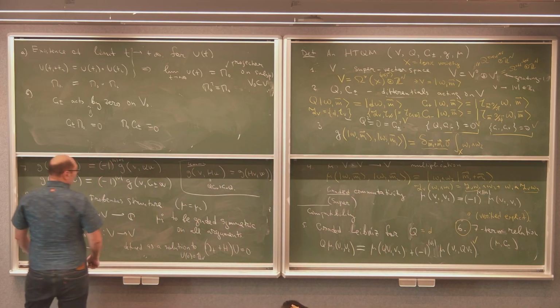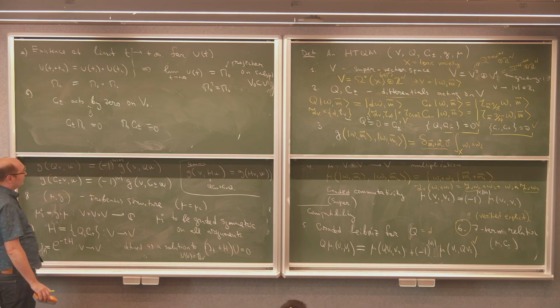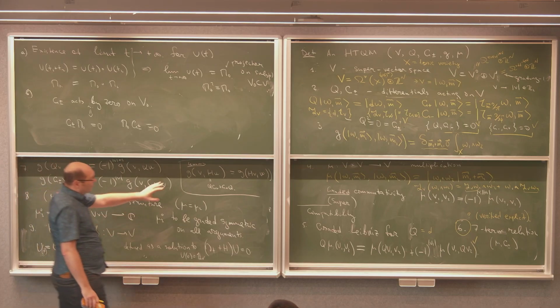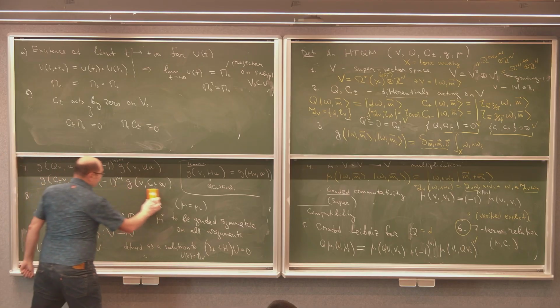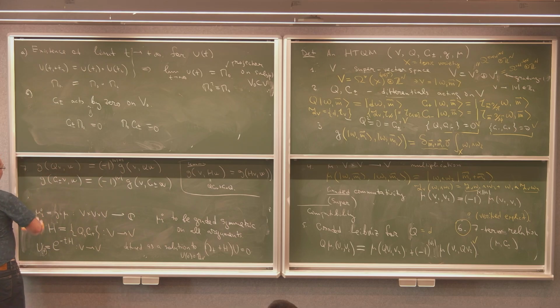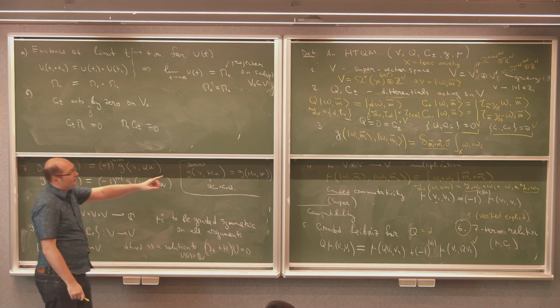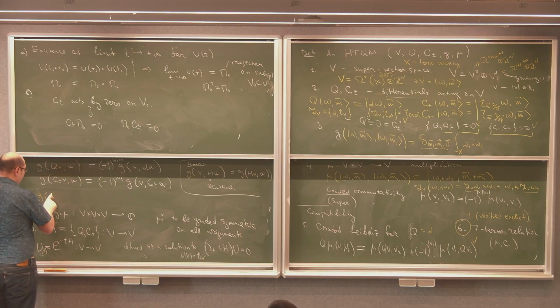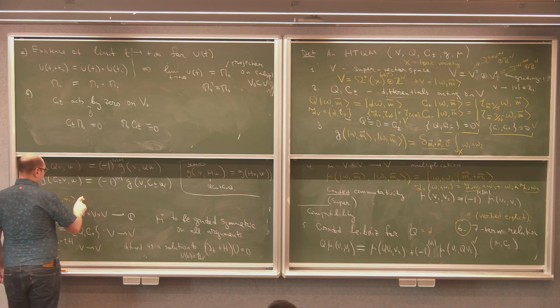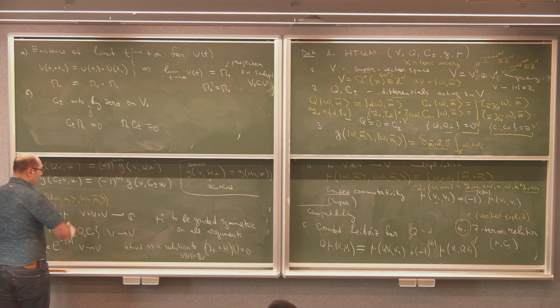Okay, now let us go to this property that looked a bit unmotivated, or motivated by some properties of the Hamiltonian. Let us see that in our definition we actually get exactly the signs that we want. Let me apply Q to d omega 1, m1 and omega 2, m2.